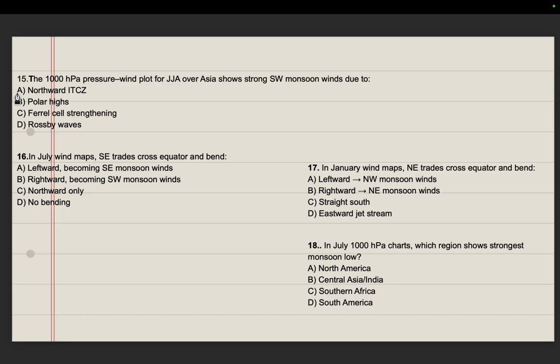Option A. Yes, of course, question 15, option A is correct. The southwestern monsoon winds originate as the westerlies from the southern hemisphere now go up to cross the equator, and it reflects in the right direction.